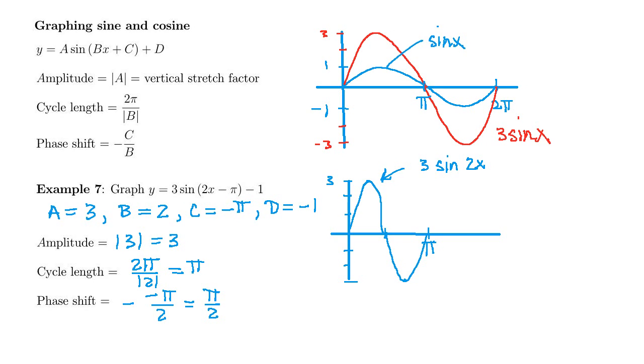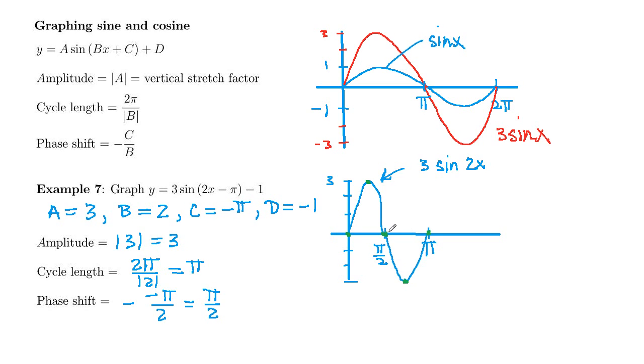Let me do that one in green. So what we're going to do is take this point and move it pi over 2 to the right. Pi over 2 is right here. Right, this is pi over 2. So this point and this one and this one and this one and this one all get shifted pi over 2 to the right.